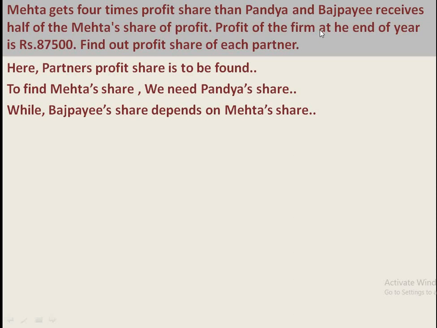Just read the line of Bajpayee: he receives half of Mehta's share. So if you want Mehta's share, you depend on Pandya. If you want Bajpayee's share, you depend on Mehta. Bajpayee depends on Mehta, and Mehta depends on Pandya.